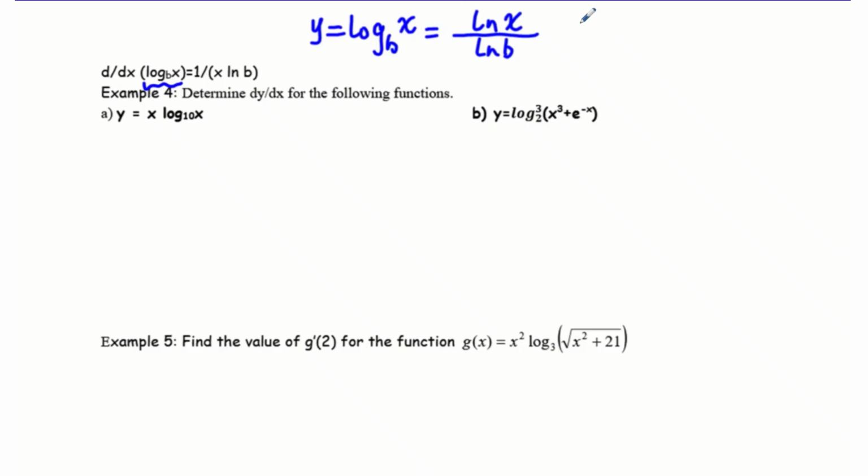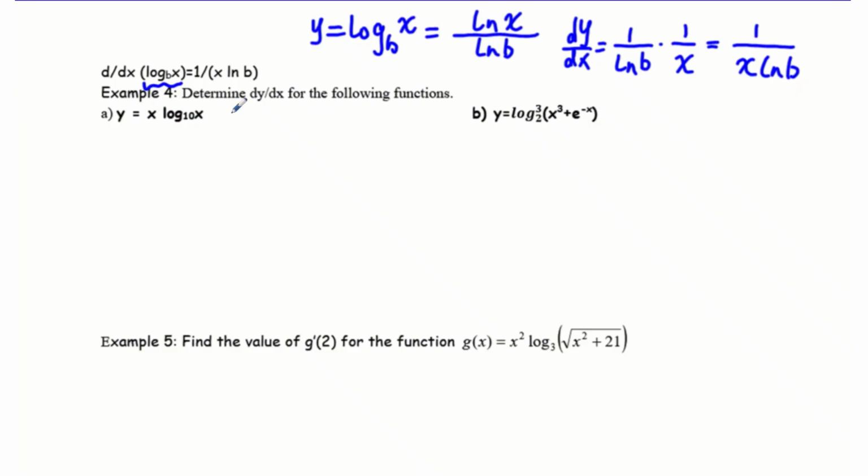Then we know the derivative of this one. The ln b is just a constant. We just need to find the derivative of ln x, so it will be 1 over x. Then that is times the denominator together, you have x ln b. So this is our equation for the log that is not the natural base, not e.